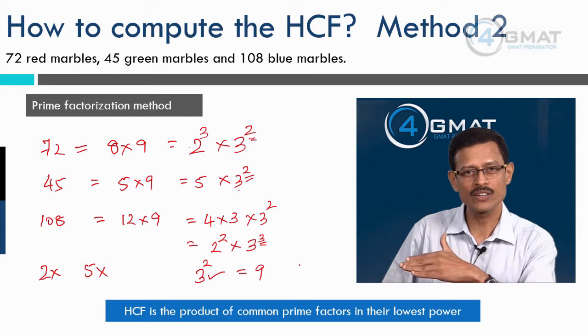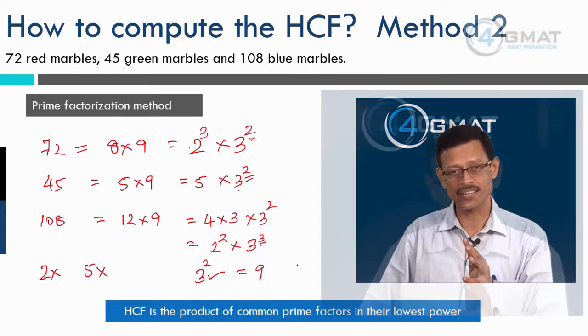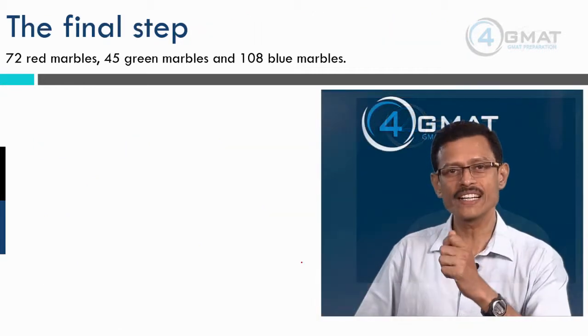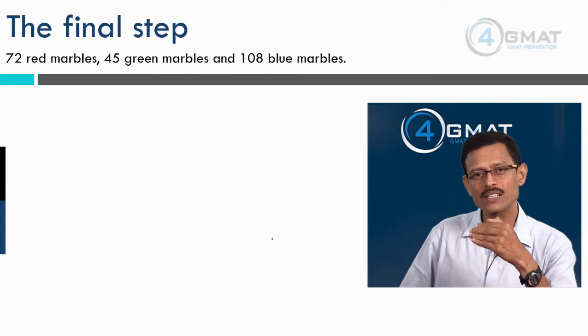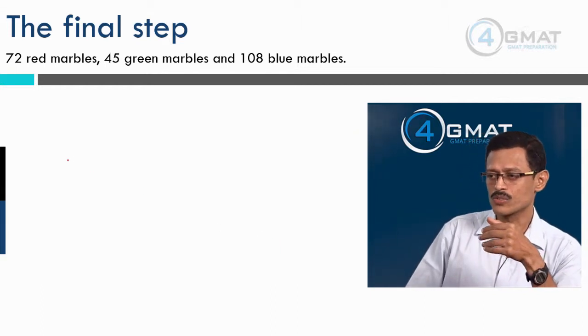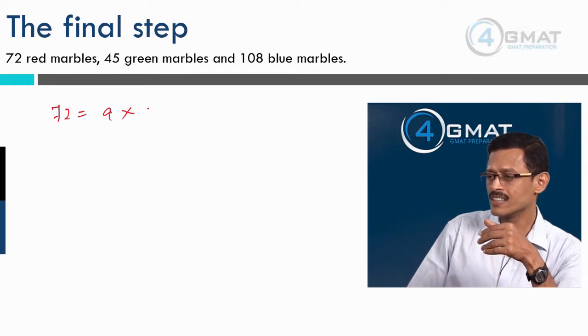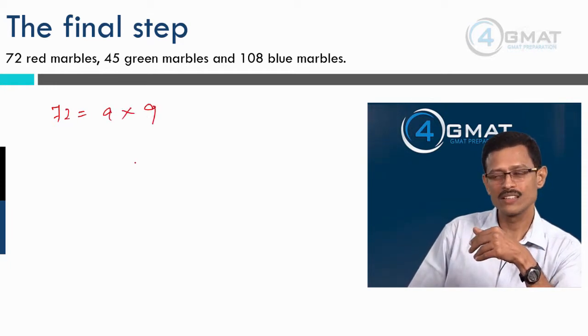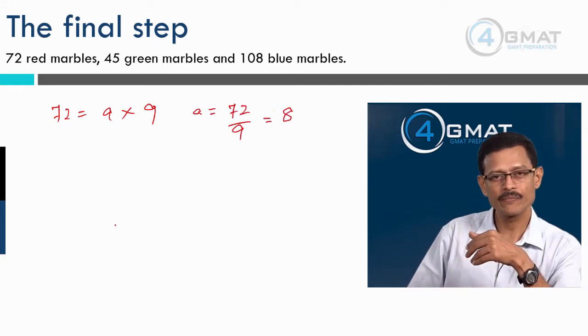And what does the HCF stand for in our question? HCF stands for the number of marbles in each packet. Right? What we actually need to find out is not the number of marbles in each packet. We need to find out the number of packets made. So 72 red marbles are being packed into A packets, each containing 9 marbles. So the number of packets A is equal to 72 divided by 9, which is equal to 8.